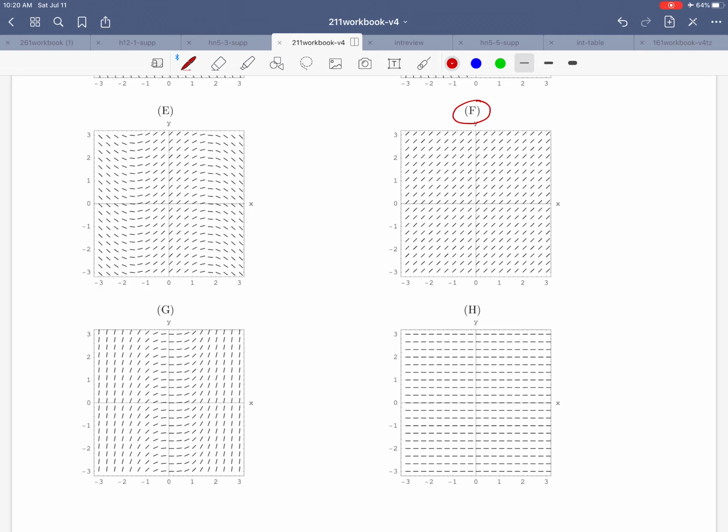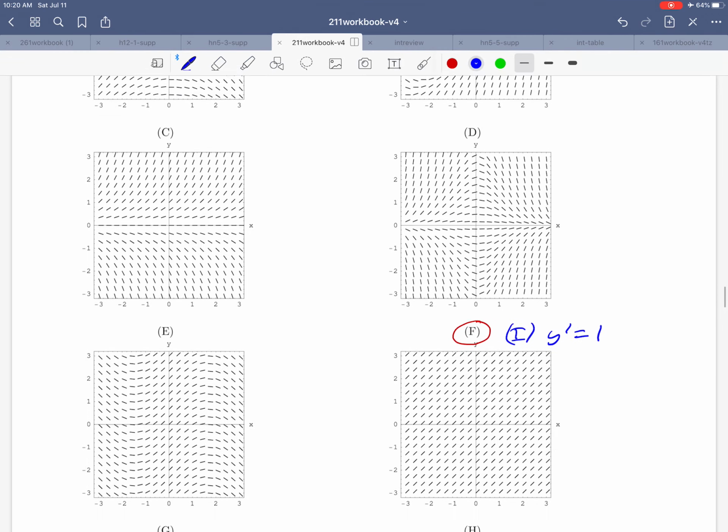Every slope is positive, and it's the same everywhere. So I think we found our match for formula 1, which is y prime equals 1. That's what I like to call a global strategy. We looked at the differential equation, interpreted the slope overall, and came up with our match that way.